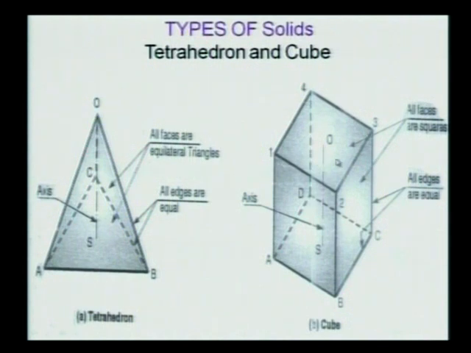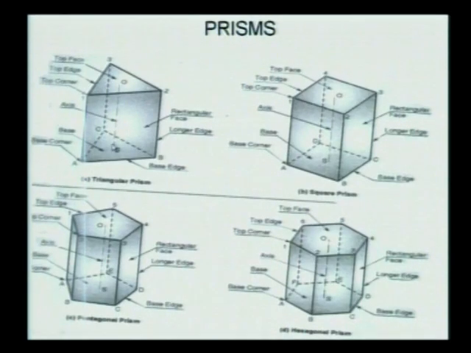Then these are the faces, okay. 1, 2, 3, 4, 5 and like that, 6 faces, okay. So a cube is a solid having 6 faces, exactly squares, and a tetrahedron is a solid having 4 equilateral triangles together, okay. Next solid, prisms.